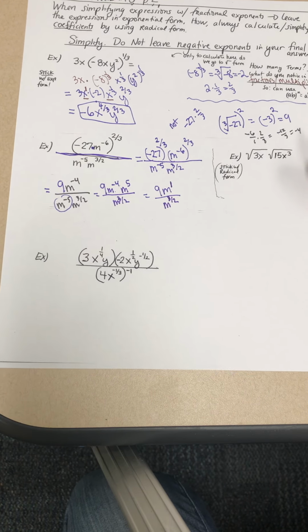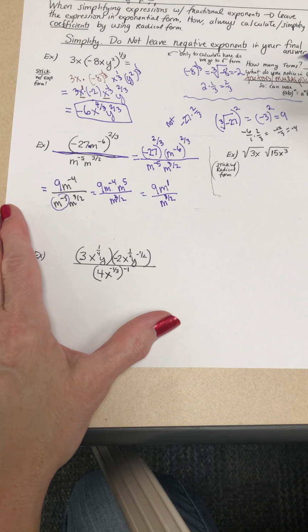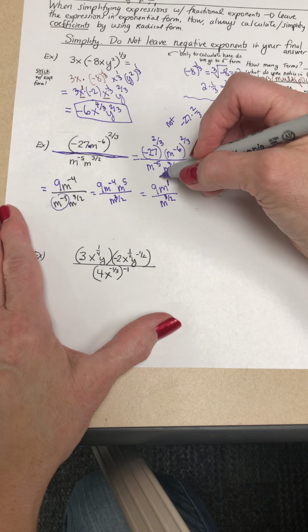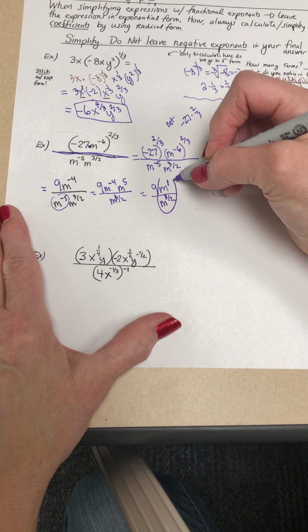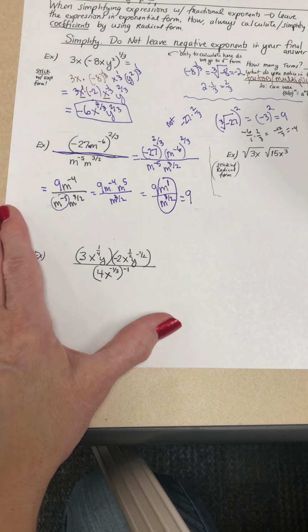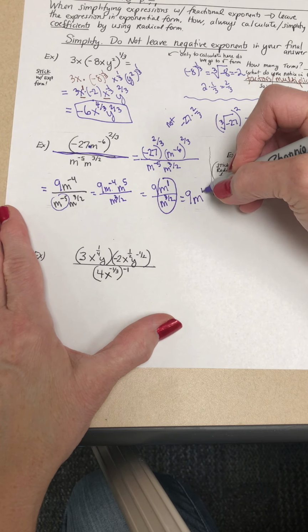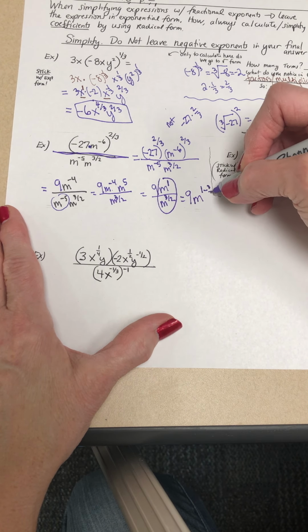Almost done. So this is where, when you have fractional exponents, you sometimes absolutely need to use our general exponential rule. When you're dividing the same base, you subtract the exponents. You write the base in the numerator, and you subtract the top exponent minus the bottom exponent.